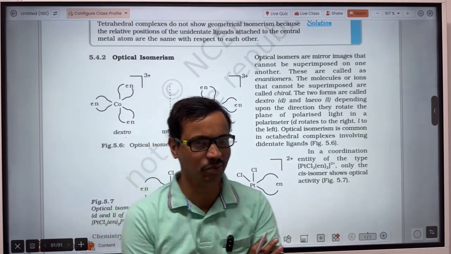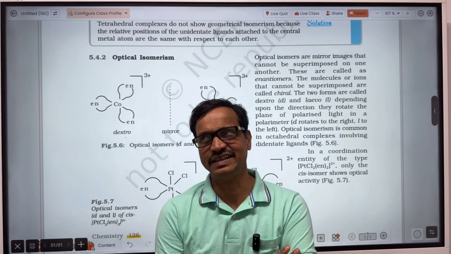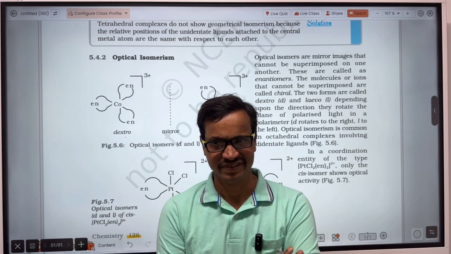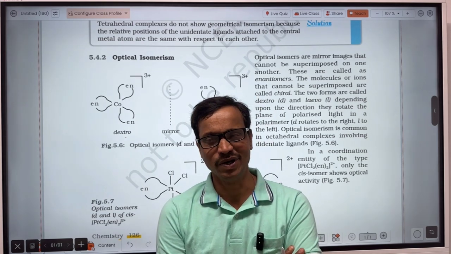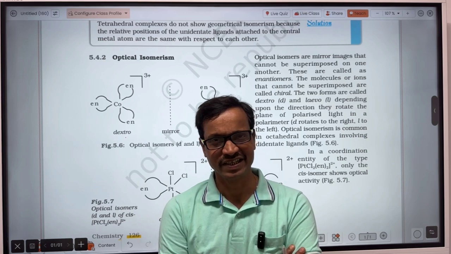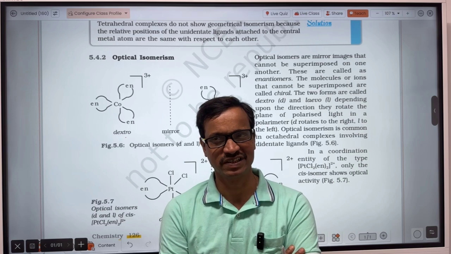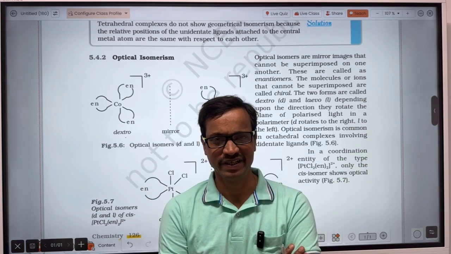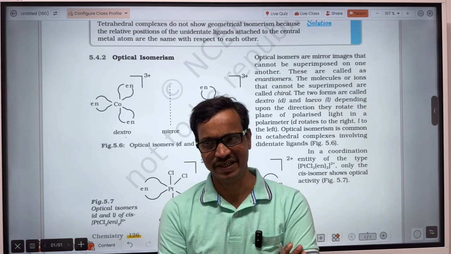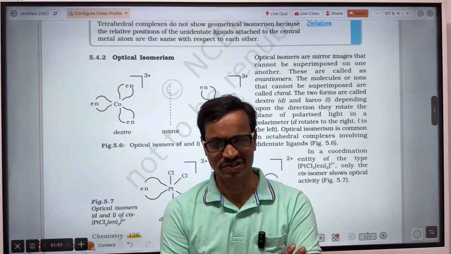Here, particularly ethane 1,2-diamine: if ethane 1,2-diamine is towards the right, then the compound will be levorotatory, and if ethane 1,2-diamine is towards the left, then the compound will be dextrorotatory.